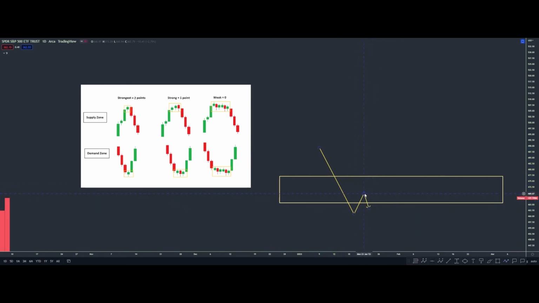Maybe I instantly play the retest, or maybe I play the neckline break, okay? Those are two ways that I personally really like to play these zones. I like to play fresh zones, I like to play strong zones, higher time frame zones, and I like to play a zone flip and a retest. Those are, like I mentioned, a few of the ways that I like to play around these zones.